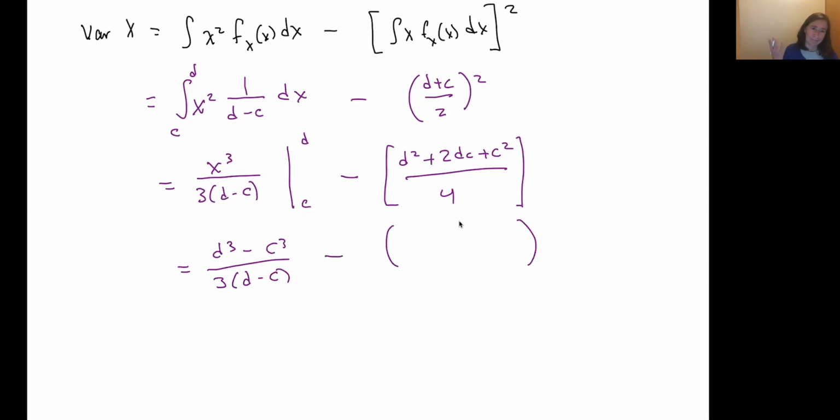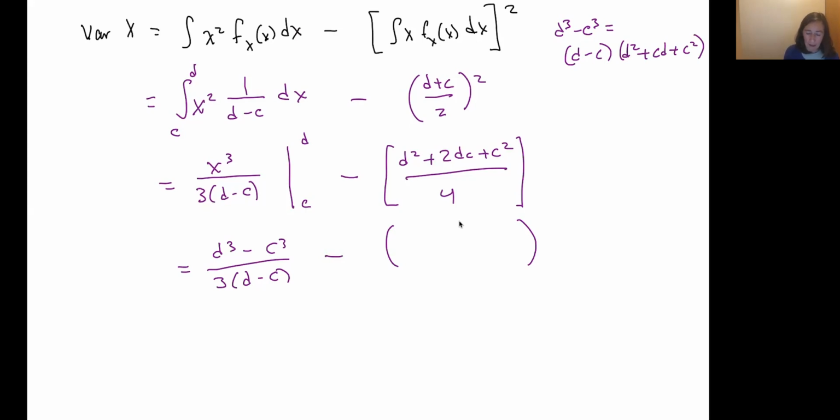So here's a less familiar factoring thing, but it is still true that d cubed minus c cubed I can factor into (d minus c) times (d squared plus cd plus c squared). That is a factoring fact, not something that I'm expecting you to remember, but it is in fact true, and you can check it if you want.